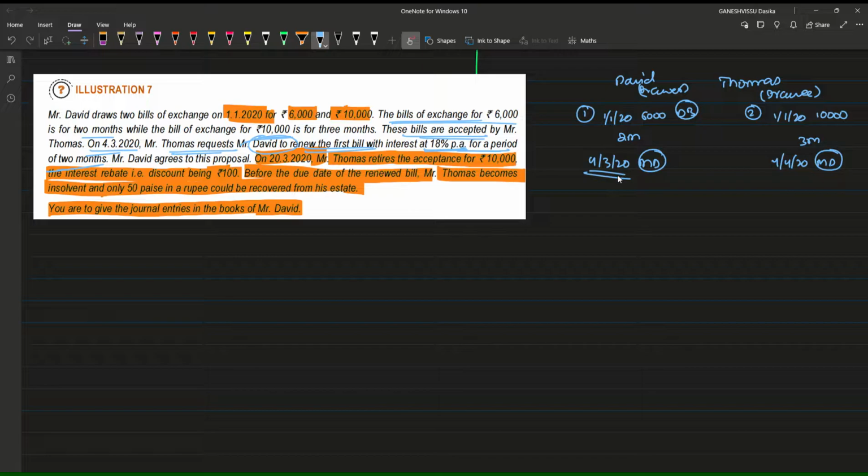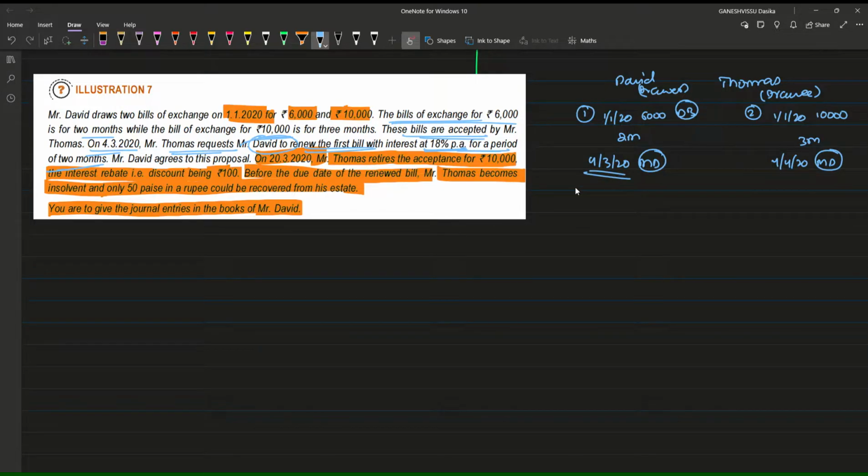But Thomas is asking Mr. David to renew the bill for 2 more months, for which David is asking for interest. That means to accept the bill together with interest at 18% per annum for 2 months more.